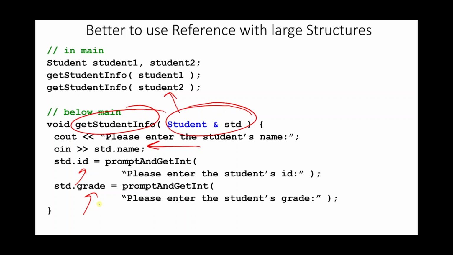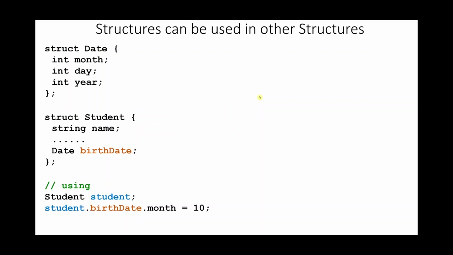If you were just using a student, you could have made it const, but since we are actually modifying the name, the actual ID, and the actual grade in that student, it's going to be just passing by reference, not constant reference.